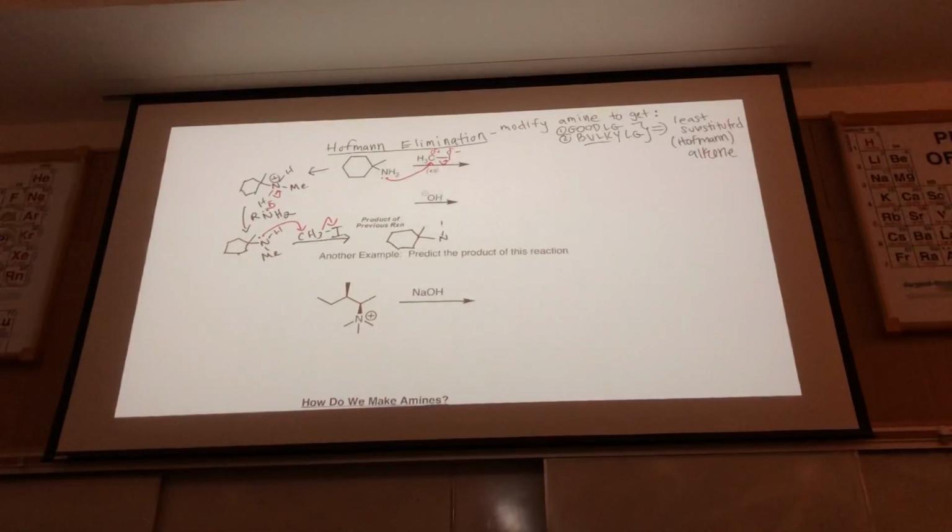So we're in the same boat we were before. We have an ammonium ion that can be neutralized by the presence of more amine. So it's just a repeat of the previous step.